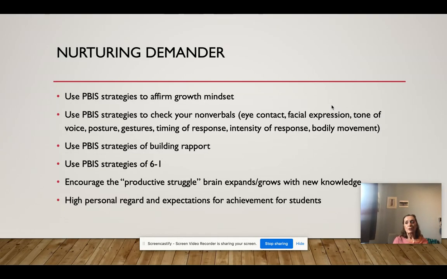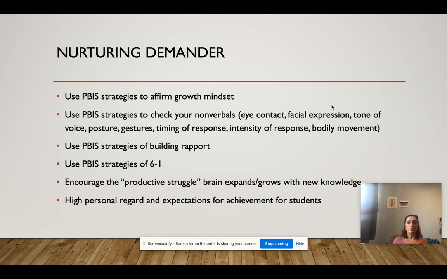Giving your students time for them to answer, right? Is that part of your response too? Timing of your response, being in sync with them. And your intensity of your response, and also your bodily movement, being aware of being too far away or even too close to kids.